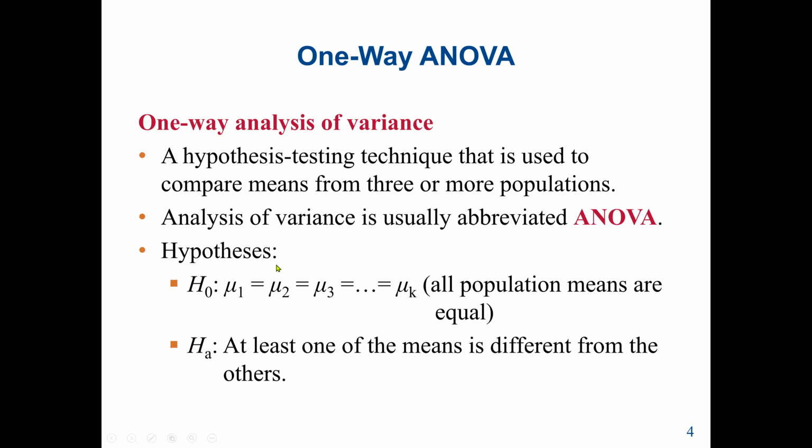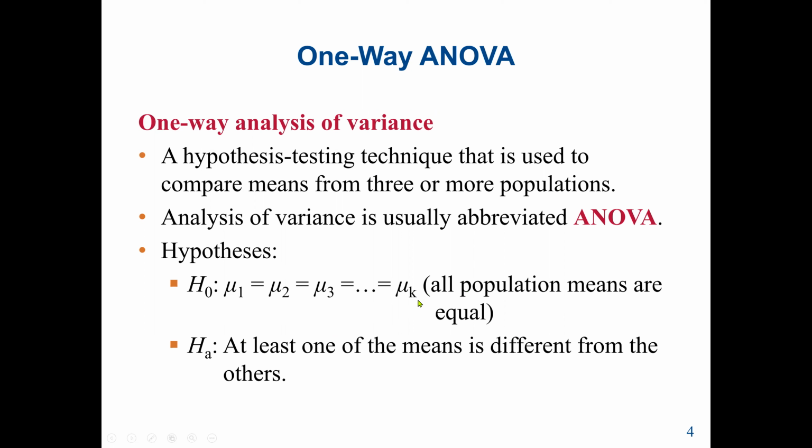So here we have a hypothesis. Again, this is hypothesis testing. For example, here we want to test up to K means. So we say that the first population mean, mu1, is equal to mu2, is equal to mu3, up to mu k.